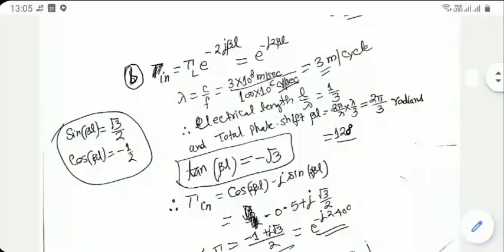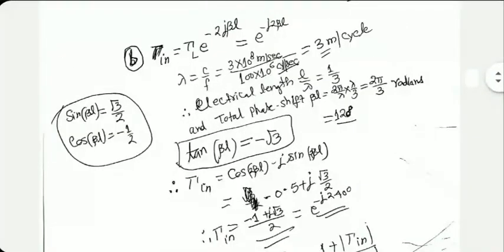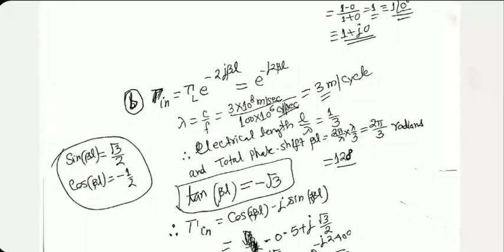The value of beta L is what we need, and that turns out to be, beta is 2 pi divided by lambda. So 2 pi divided by lambda multiplied by lambda divided by 3, that gives you 2 pi divided by 3 radians, which is 120 degrees.